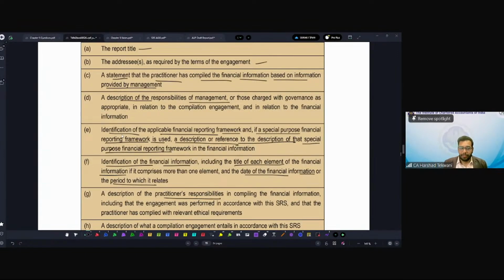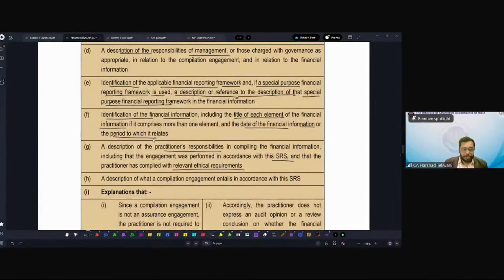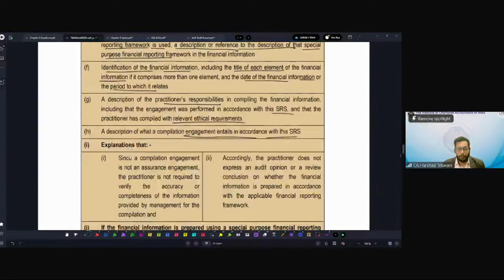Practitioner's responsibility, that you have complied with the SRS and other ethical requirements, except for independence. A description that the engagement is in accordance with SRS 4410. And then explanations.